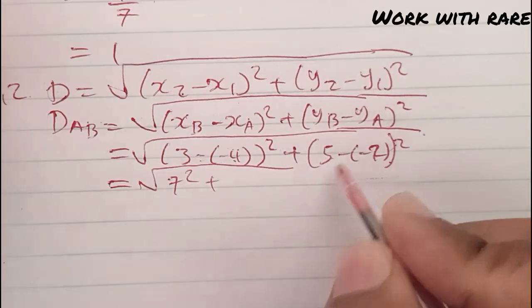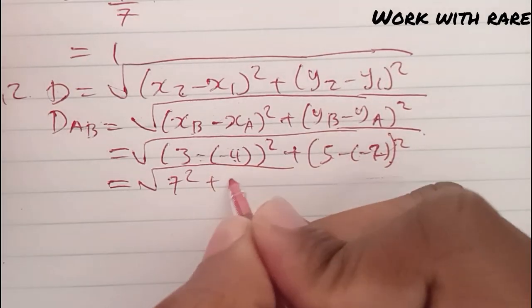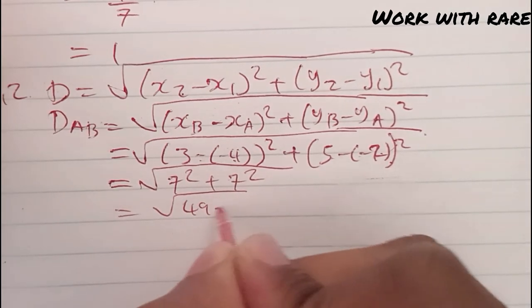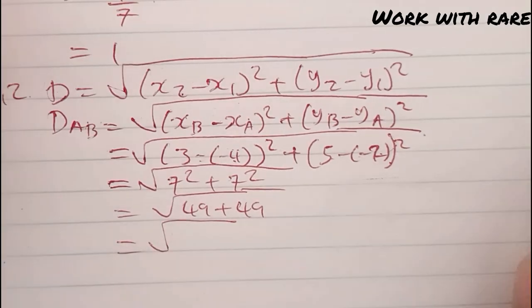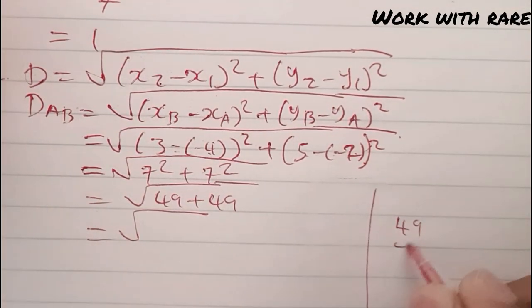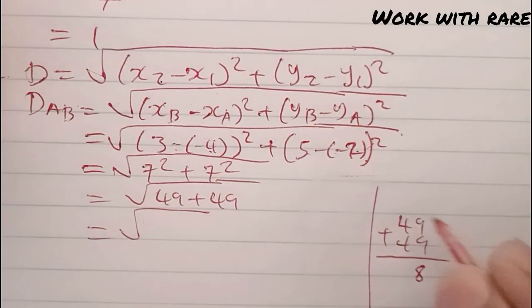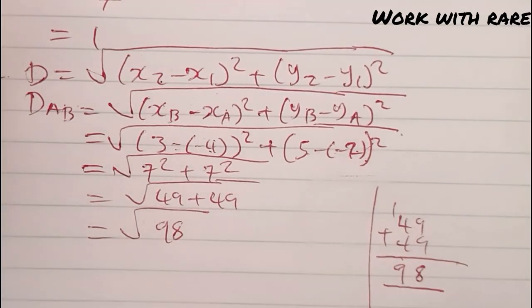This part is the same as 5 plus 2, or 5 minus -2, it's 7, which is 7 squared, and 7 squared is 49 plus 49, right? I don't think we need a calculator for this one. We can do it on our side: 49 plus 49 is 98. So we are going to have the square root of 98.